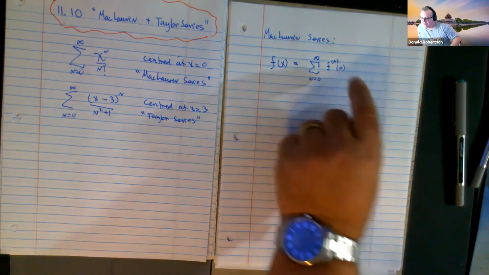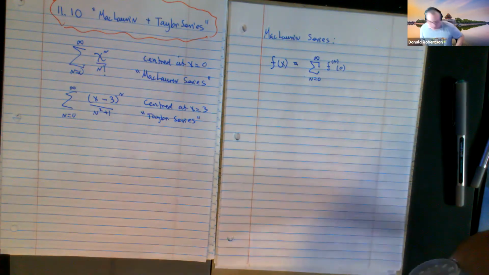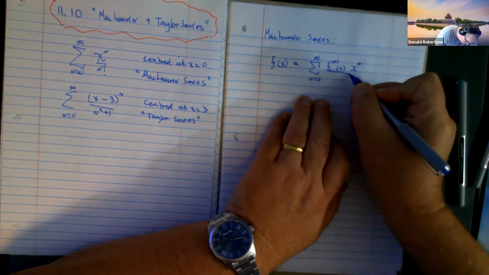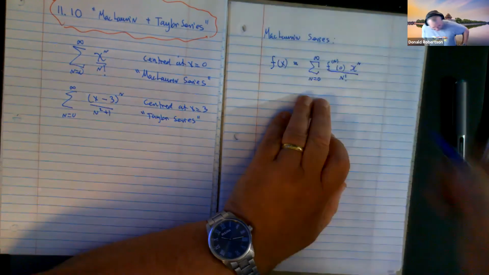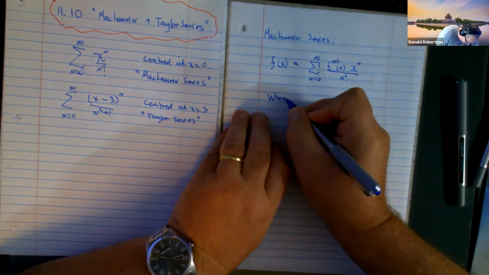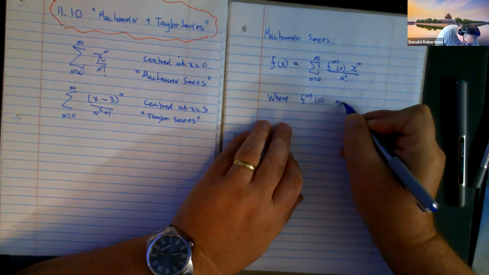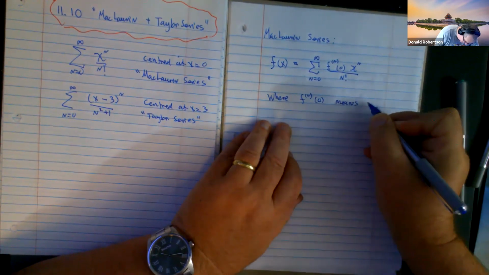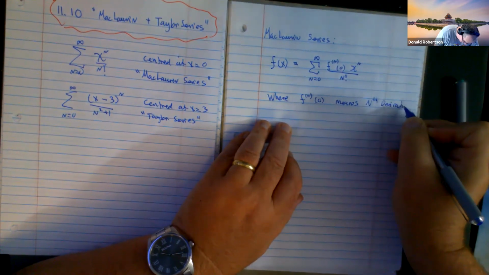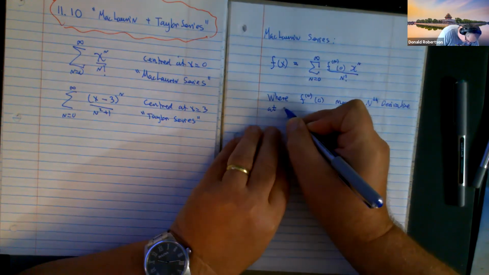Right, so you find the first derivative at 0, the second derivative at 0, the 200th derivative at 0, times x to the n over n factorial, where that guy means the nth derivative at 0.